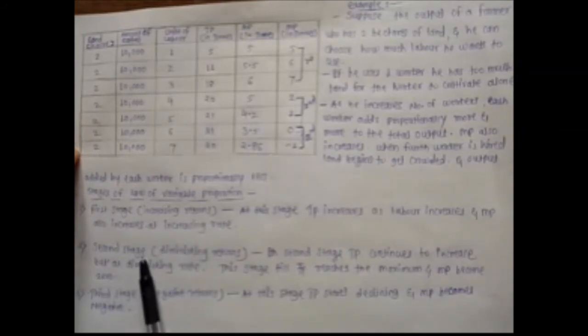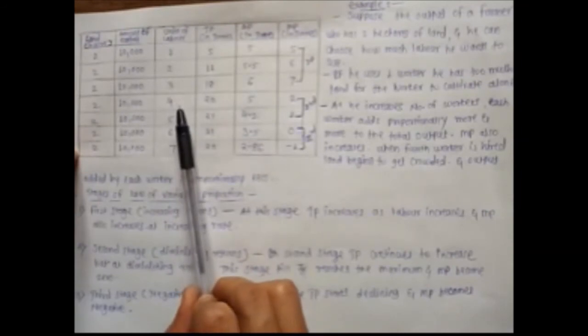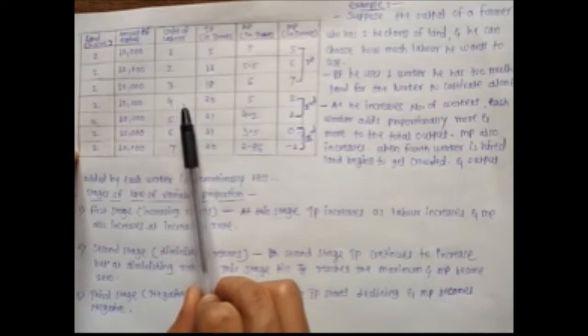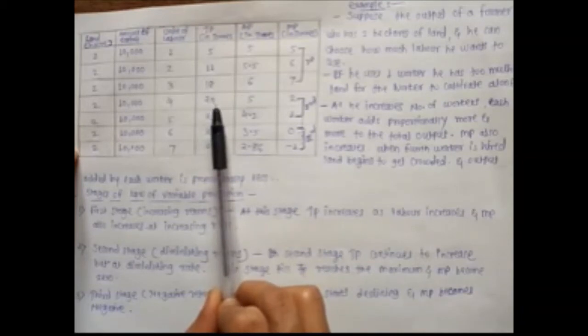Then the second stage. If we observe, when the fourth unit of labor is used, the total product increases to 20 tons.